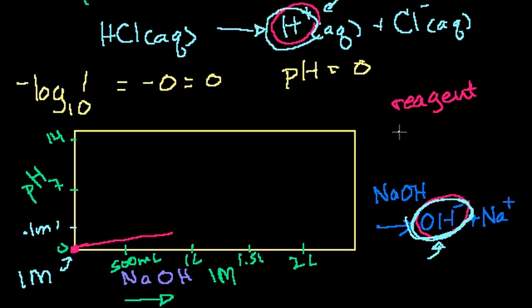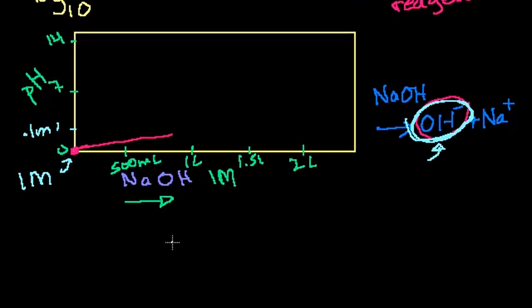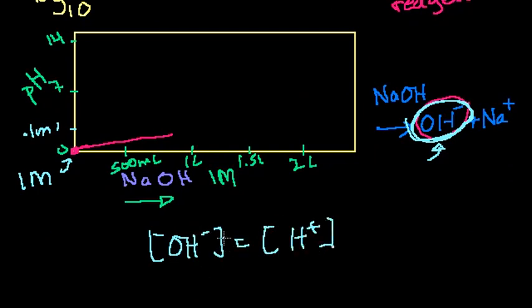You have an equal amount of hydroxide and hydrogen, right? And what happens, first of all, when there's an equal amount of hydroxide and hydrogen? Well, then you're neutral, right? If your hydroxide concentration is equal to your hydrogen concentration, you're neutral. This is just like water. You're at a pH of 7.